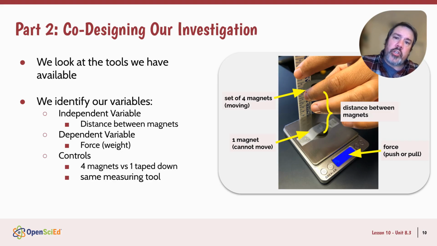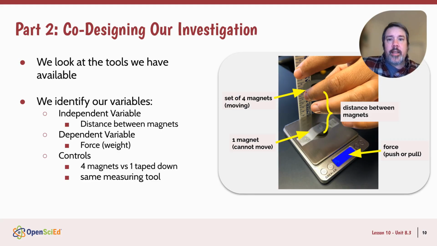We look at the tools that we have available: a ruler, a set of magnets, a scale, some tape. We identify that our independent variable is the distance between the magnets. The dependent variable is the force, so we're going to measure the weight, or that push or pull that happens. And we make sure that we're using the same magnets, taping one down, and using the same measuring tools throughout.